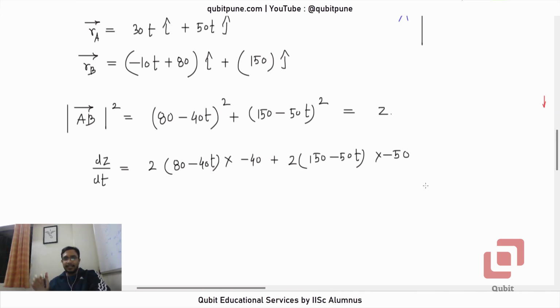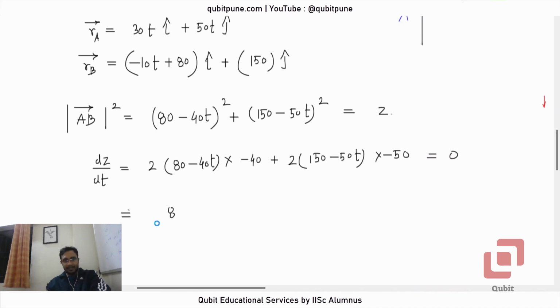Yes, sir. Divide by 200. After equating this to 0, you can divide by 2 first and then divide by 100.